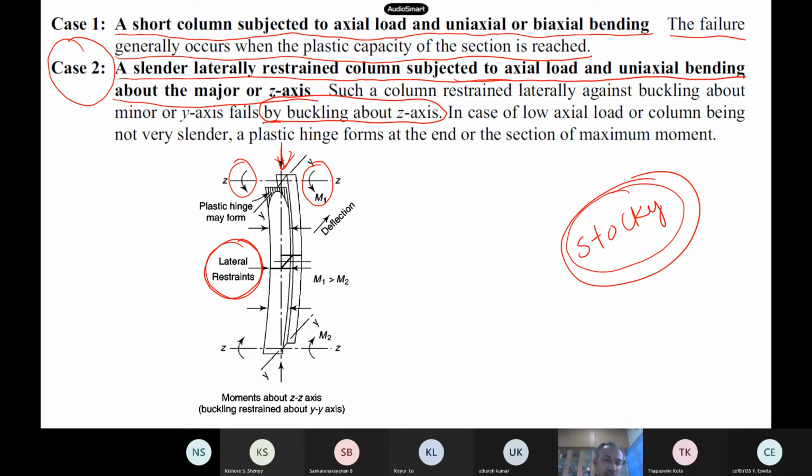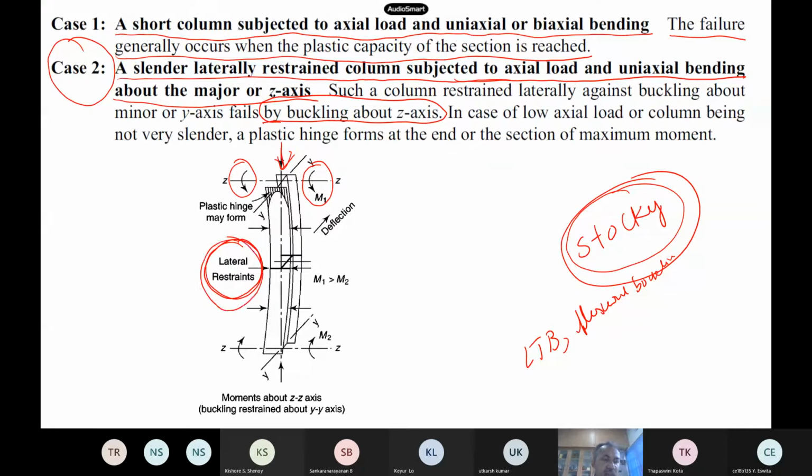But if it's a slender column, you can have multiple failures, like lateral torsional buckling and then ordinary flexural buckling. These two can happen in both directions, along the y direction and the z direction, because there is biaxial bending. So depending on the moment of inertia, the type of load, and the restraints, you can have a variety of failures.